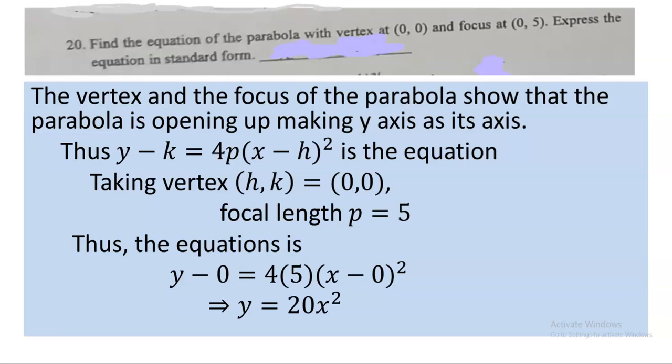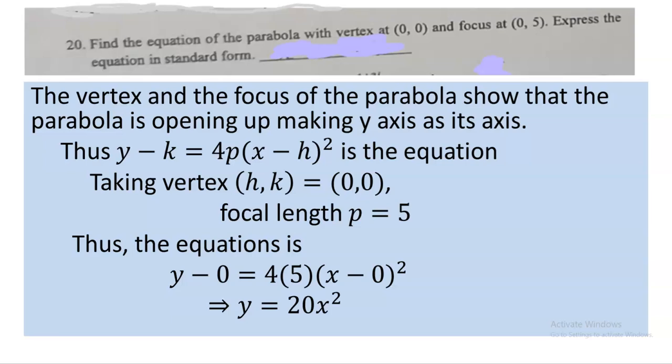So whenever you encounter such kind of question, you need to have a rough sketch first. Once you have the rough sketch, you can know now the type of the formula that you need to use. If the parabola is opening up, you have to use the positive expression of x squared. If the parabola is opening down, you need to use the negative of the expression I wrote here.